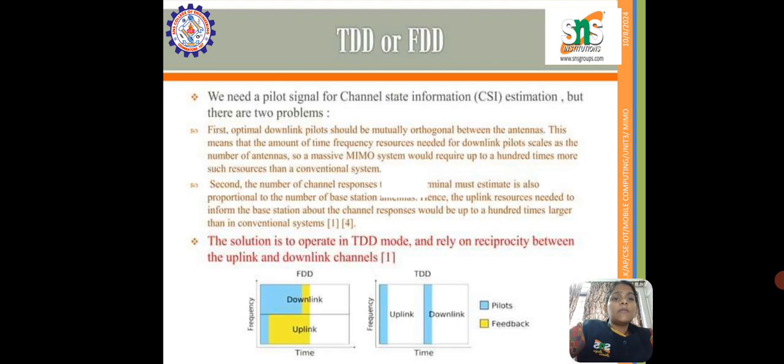Next, the number of channel responses that must be estimated is also proportional to the number of base station antennas. The uplink resources are needed to inform the base station about the channel responses. So the solution is to operate in TDD mode, which is reciprocal between the uplink and downlink. This diagram represents the operation between the downlink and uplink with FDD and TDD.